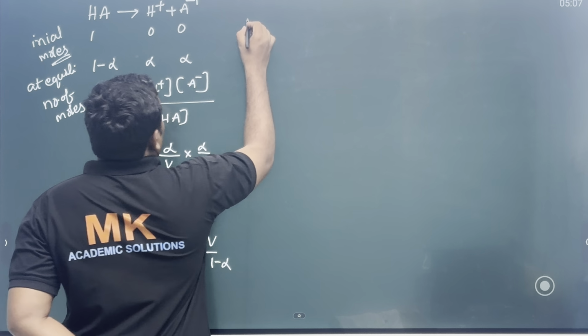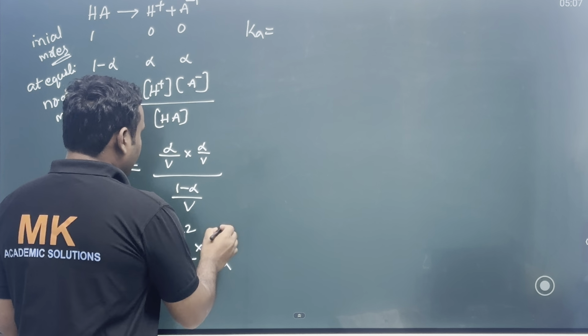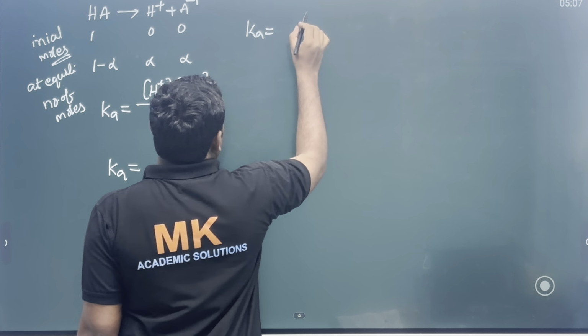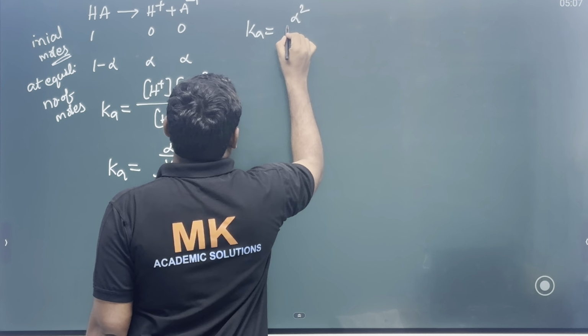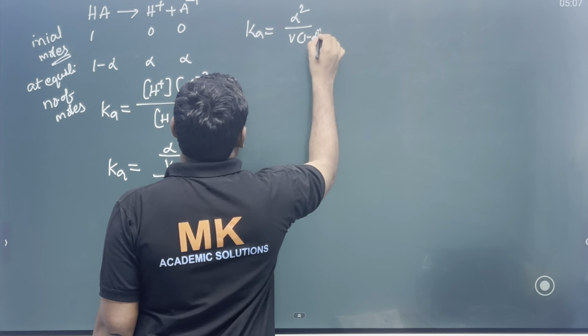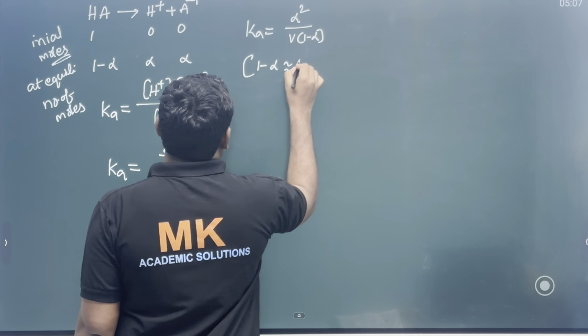So now here V and V square will get cancelled out. What is remaining? Alpha square by V into 1 minus alpha. Here we know 1 minus alpha is nearly equal to 1. Why?